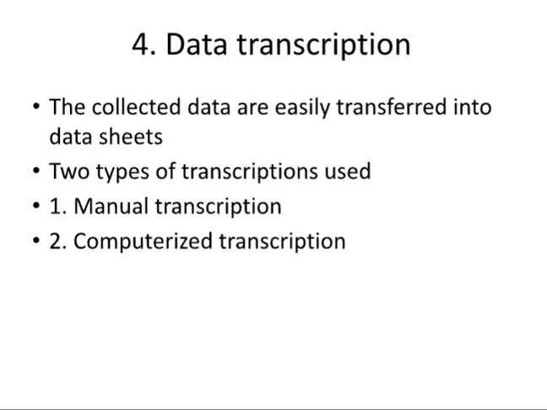There are two types of transcription. Manual transcription, as I said, you can write it in a big chart and make it like a master data sheet, or you can put it in the computer. We say it as computerized transcription. Whatever we have done in those previous steps is like rough data, and you will put it in an arranged format in data transcription.